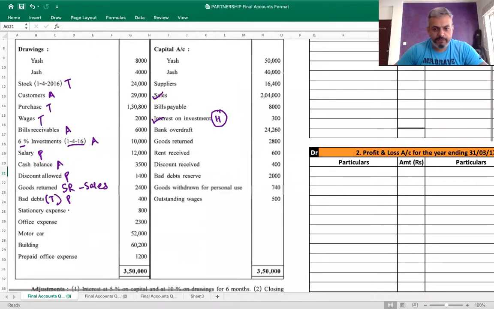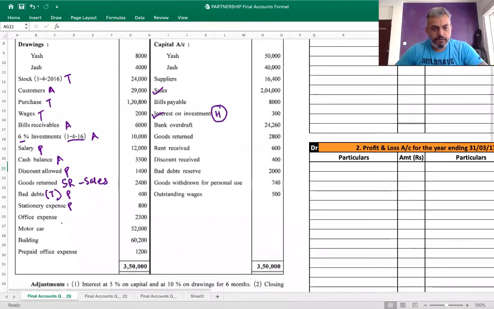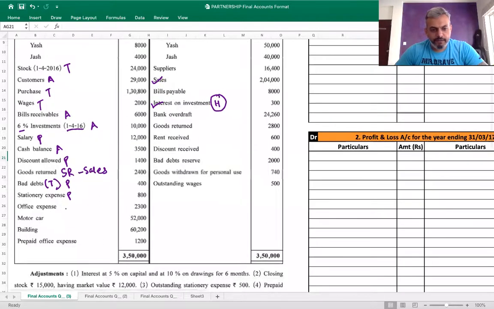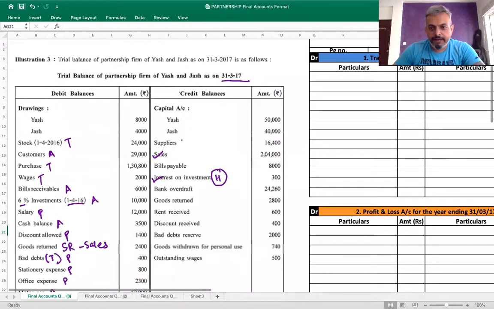Stationery expense, profit and loss. Office expense, profit and loss. Motor car, asset. Building, asset. Prepaid office expense, asset. Suppliers, liability. Bills payable, liability. Sales, trading. Interest on investment, profit and loss.